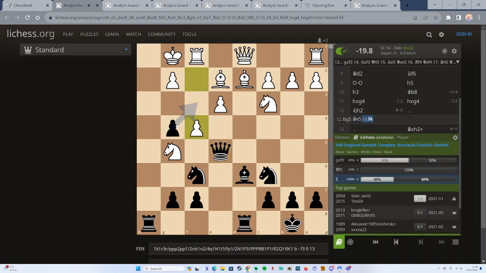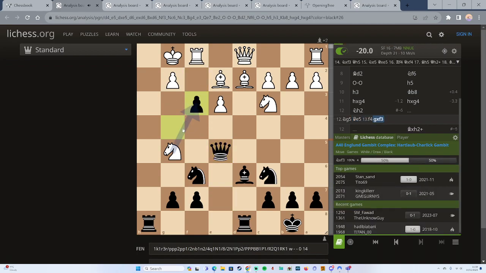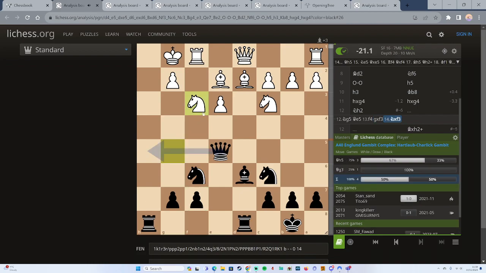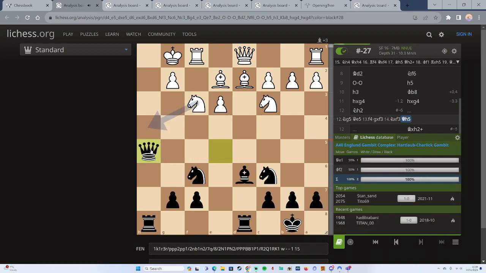In some ways we don't even need to look at this. f4, simple takes here. He's actually fairly complicated. I mean, it's just his king is just so weak. Maybe I do need to keep some of these moves here. It's not super obvious. I mean, this is ridiculous. Really?